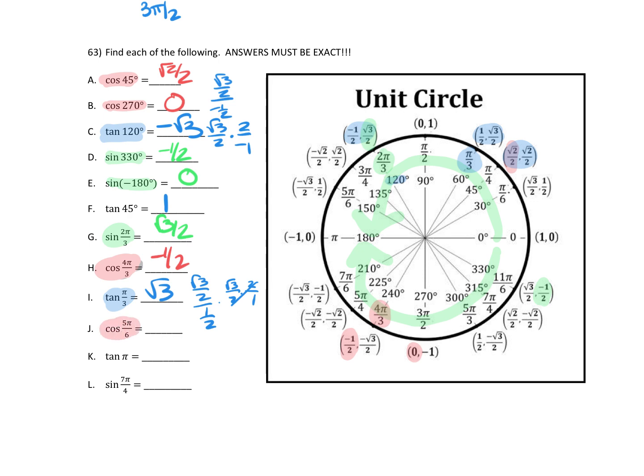Cosine at 5 pi over 6 would be negative root 3 over 2. Tangent at pi, well, that's y over x. So 0 over negative 1 would be 0. And then sine at 7 pi over 4 would be negative root 2 over 2.